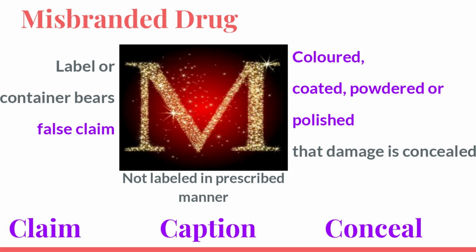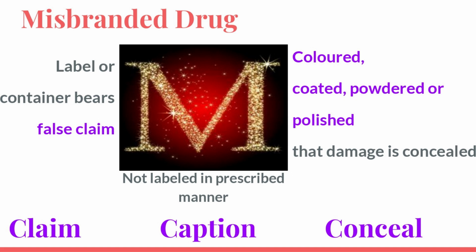If the label is not proper, then it can be called a misbranded drug. Means if the label contains any false claim, or if the label is not in a proper manner, such a drug can be called a misbranded drug.